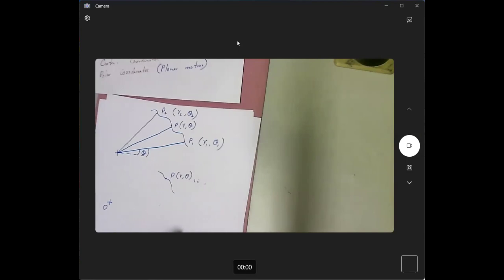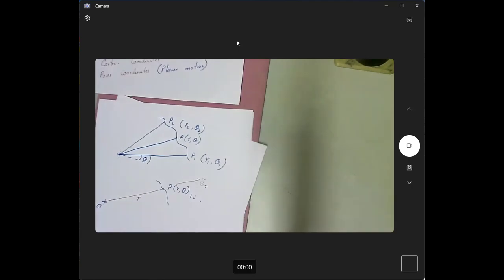Since in polar coordinates you always measure the distance from the origin to the point as r, I can define one unit vector along the OP line, in the direction where you are showing r.